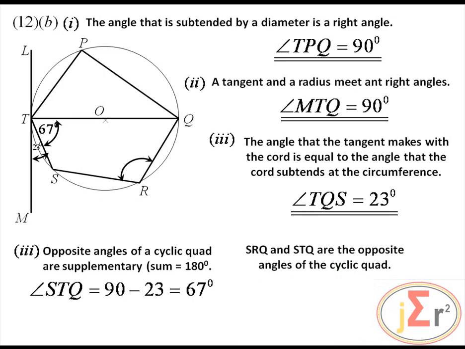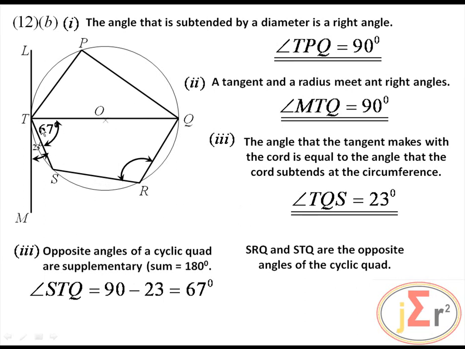We will proceed to determine now the angle SRQ. So SRQ is in a cyclic quadrilateral. Notice that we have a four-sided figure in this half of the circle. So we are going to say now, four-sided figure, of course, all vertices are touching the circumference of the circle. So we know that it is a cyclic quadrilateral.